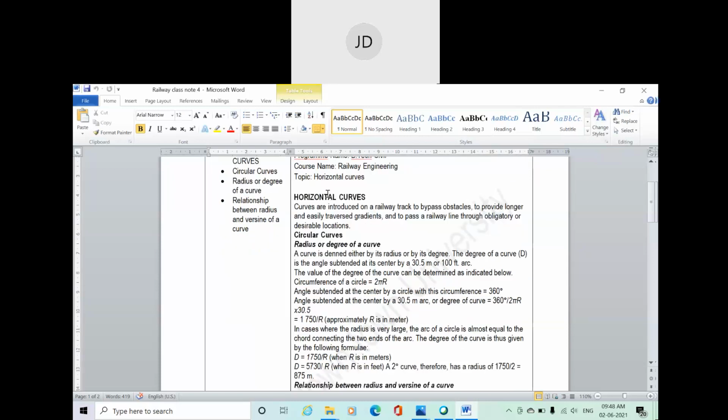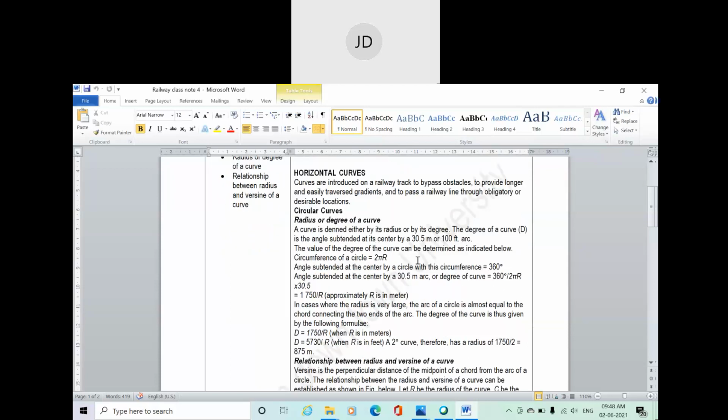Anyway, this is the basic definition of horizontal curve. A curve is defined either by its radius or by its degree. And the degree of the curve is the angle subtended at its center by a 30.5 meter or 100 feet arc. Here you can see 30.5 is given in the notes. So 30.5 or 30 meter you can consider.